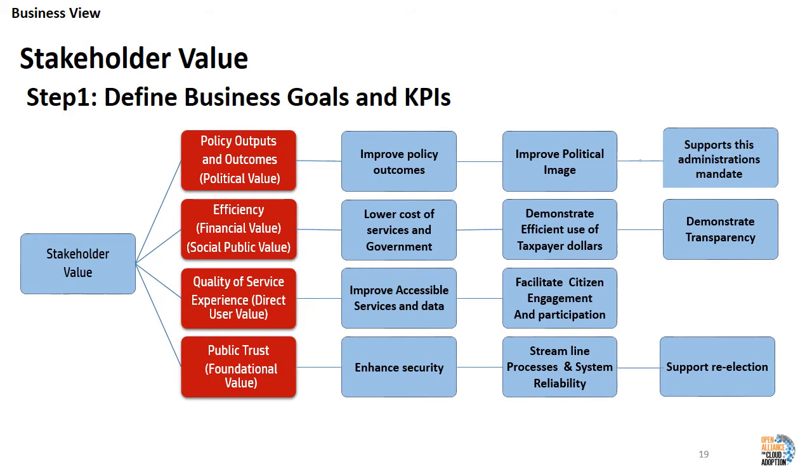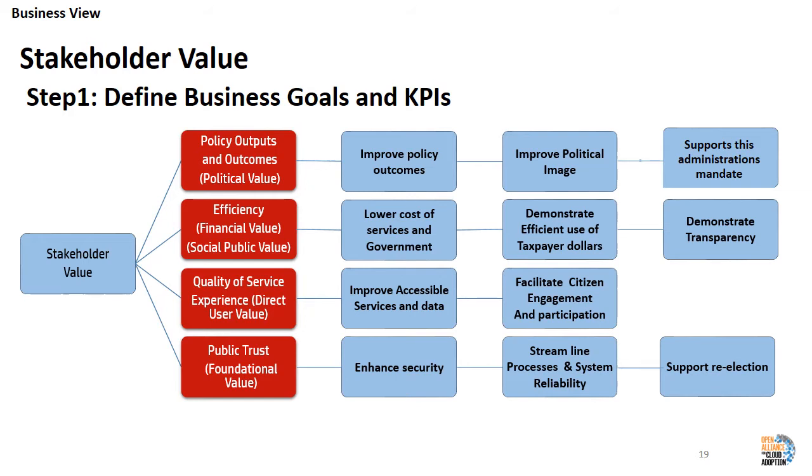Secondly, the ability to manage the public purse. This is their ability to manage the financial value or the social public value. And are they able to reduce the cost of government, or did they spend their money wisely, is the key measure. The third is quality of services. This is the experience that a constituent has with the government. And lastly, public trust.